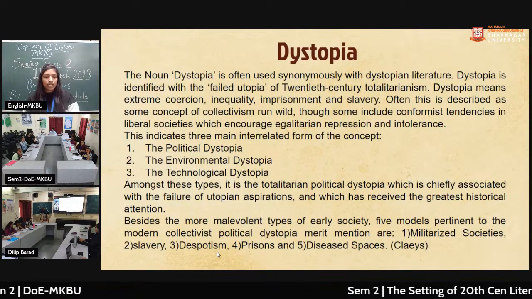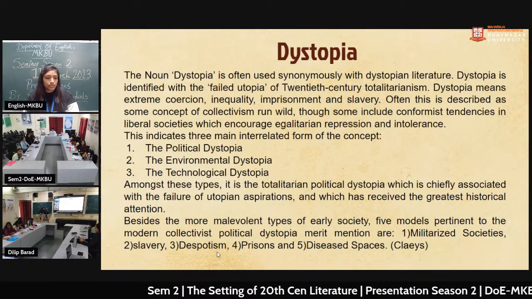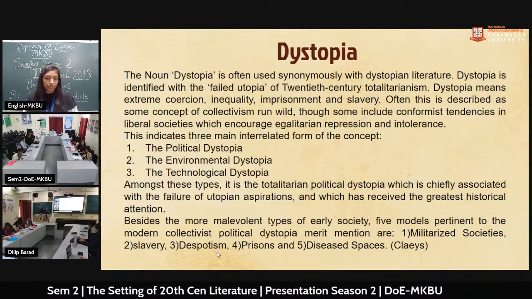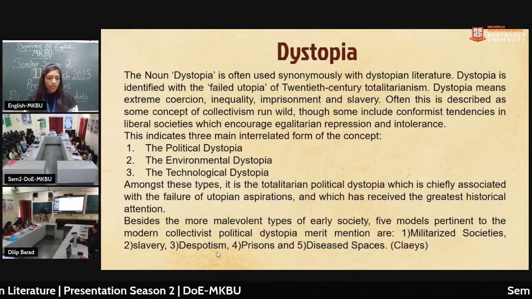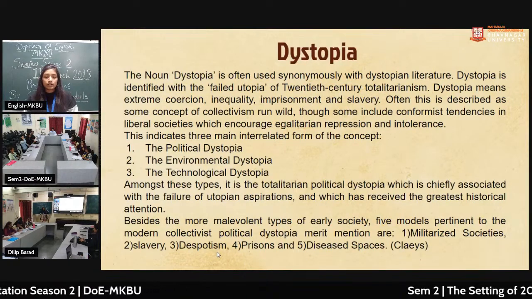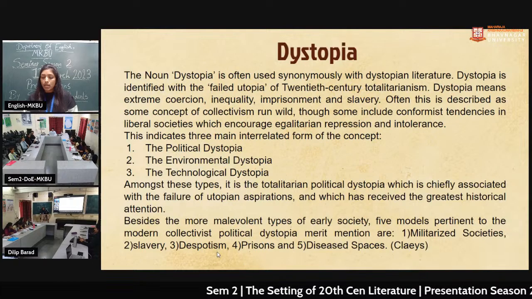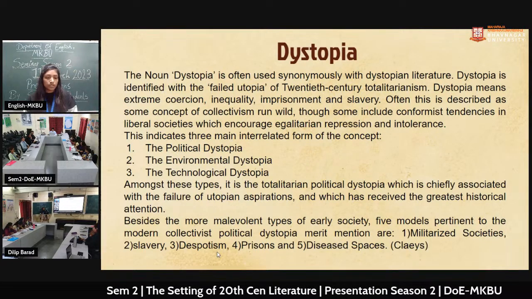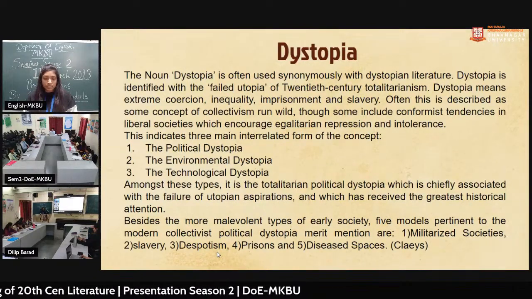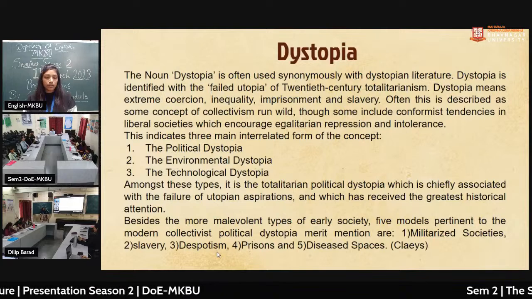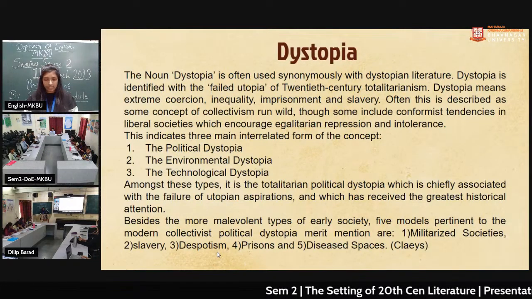Among these types, it is the totalitarian political dystopia which is chiefly associated with the failure of utopian aspiration and which has received the greatest historical attention. Besides the more malevolent types of early society, five models pertinent to the modern collectivist political dystopia merit mention: first, militarized societies, second, slavery, third, despotism, fourth, prisons, and fifth, diseased species.